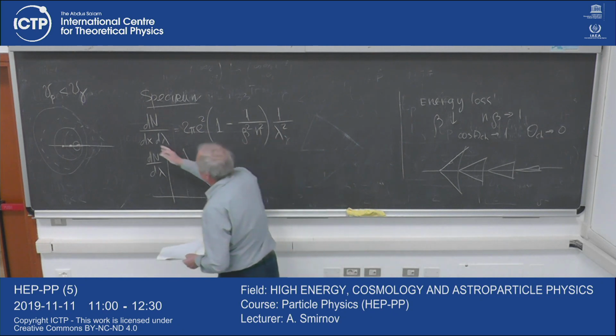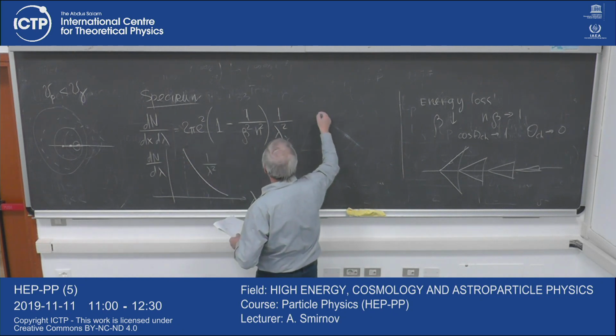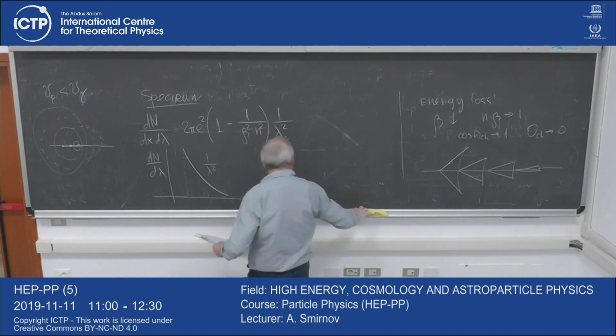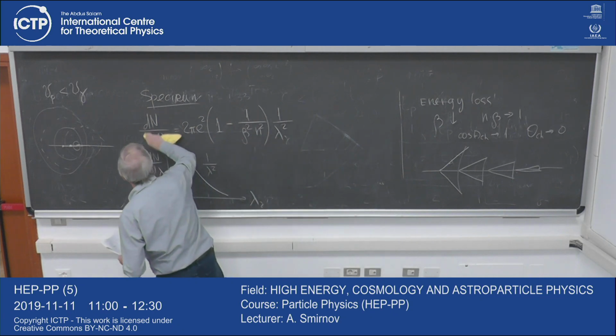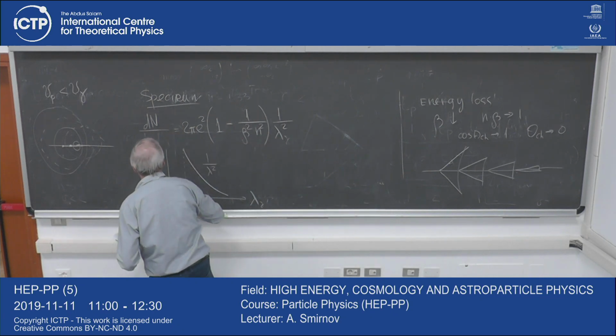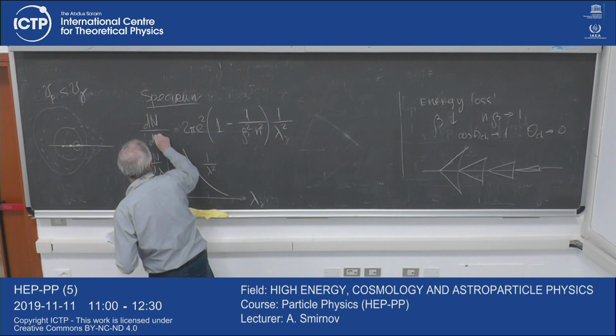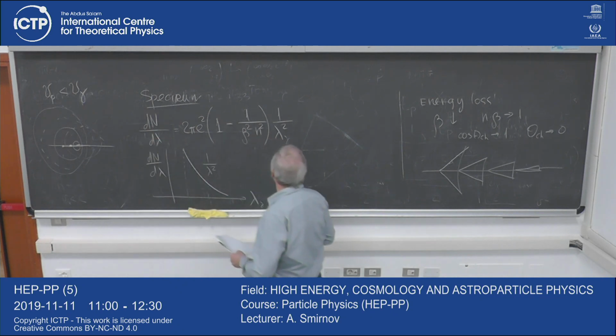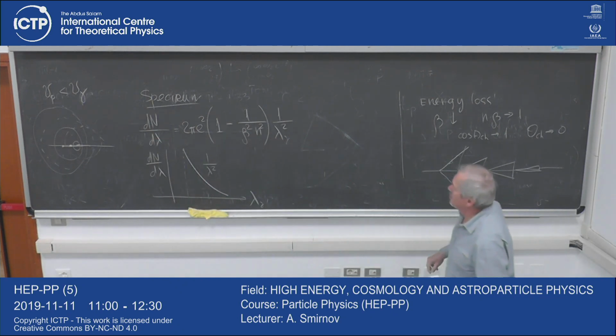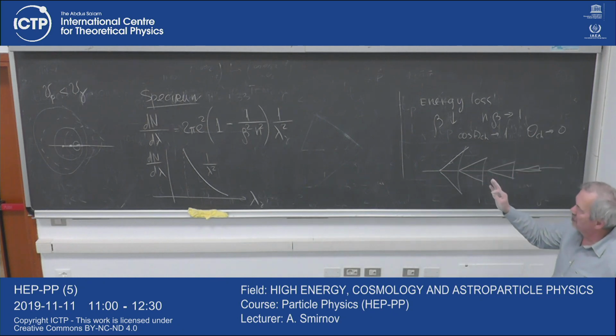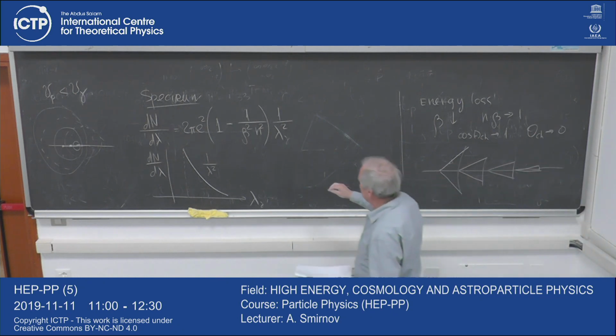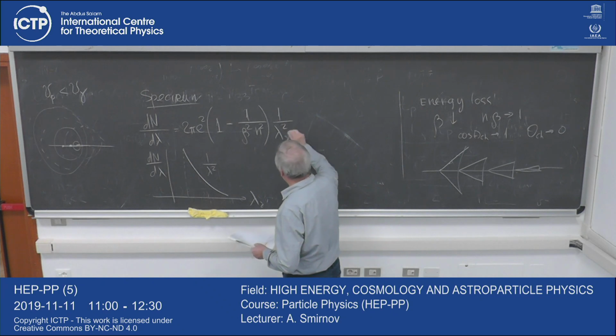This factorizes because then I need to write here the number density. This is the spectrum. It's a 1 over lambda squared. I'm not sure about the units, but that's the important dependence, that lambda is sitting here.